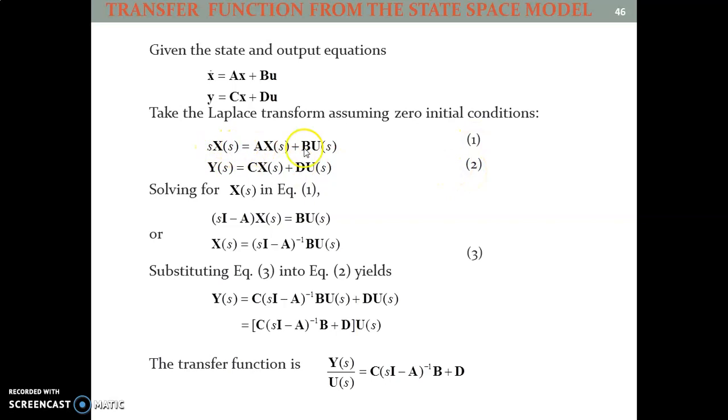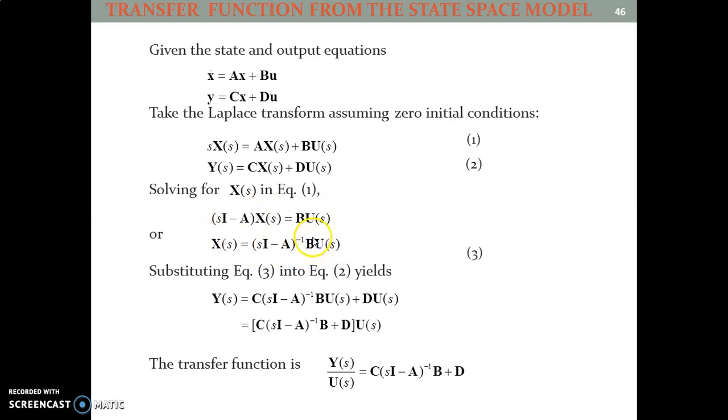Now from equation 1, this is X(s) and this is also X(s), so take them to one side. X(s) times the identity matrix I, so (sI minus A) into X(s) equals B into U(s). So X(s) equals (sI minus A) inverse into B into U(s).